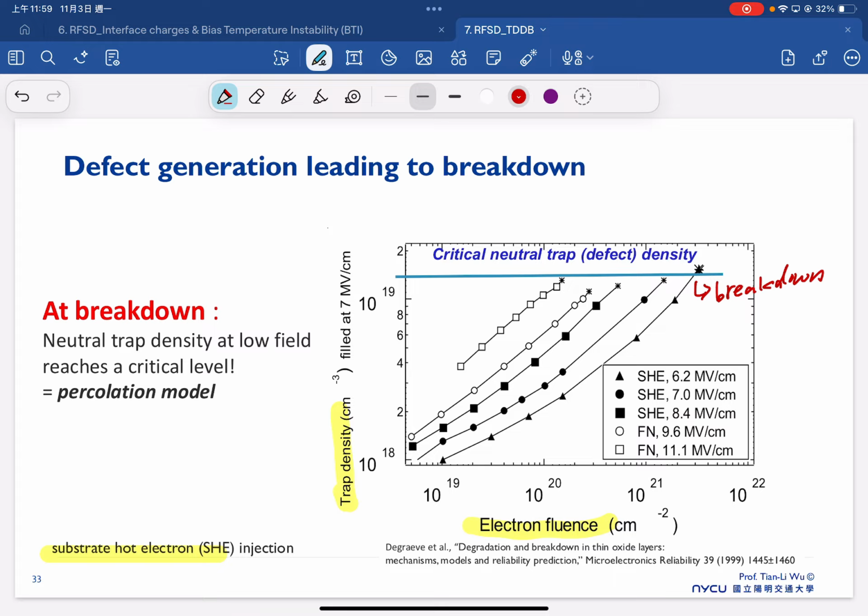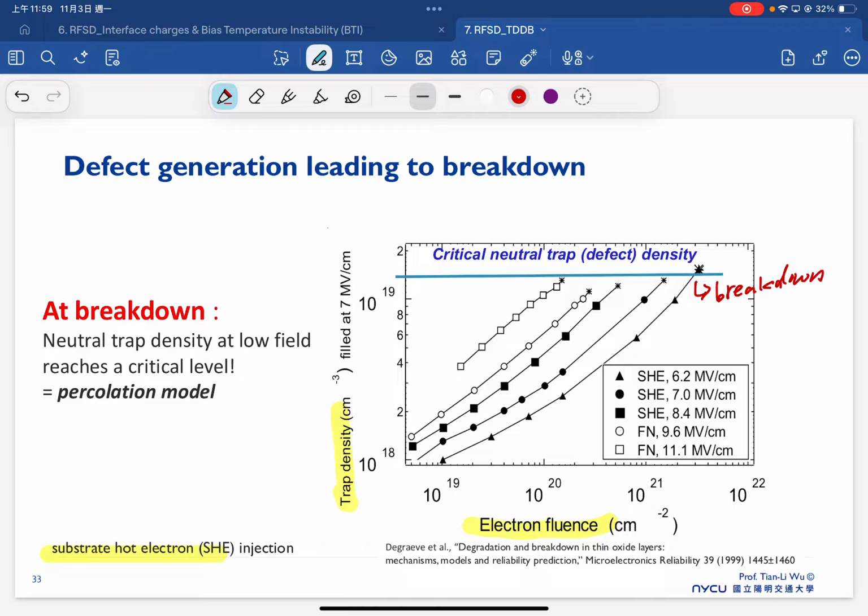This gave us another inspiration, because no matter what kind of injection, FN tunneling or substrate hot electron injection, in the end, once a certain criterion is reached, the dielectric always breaks down.